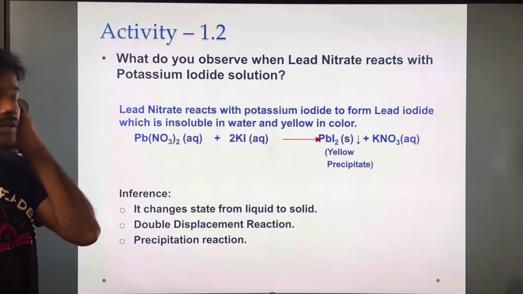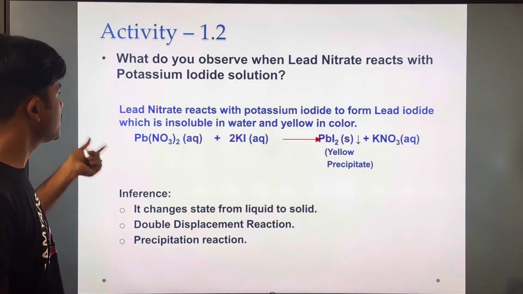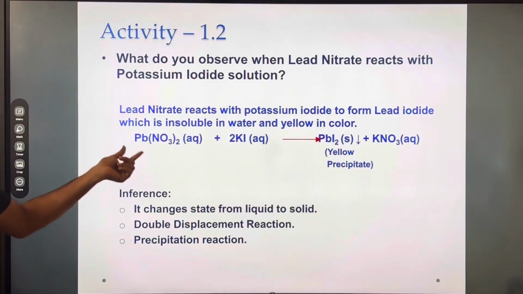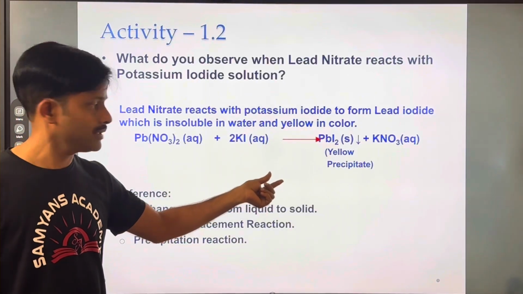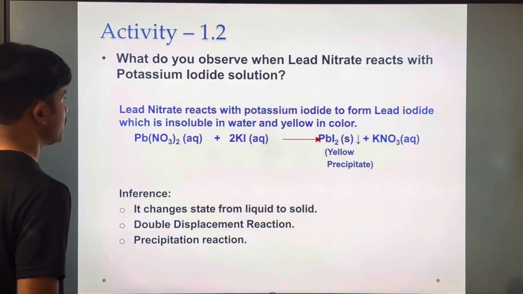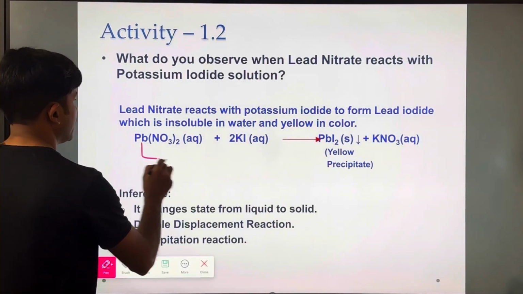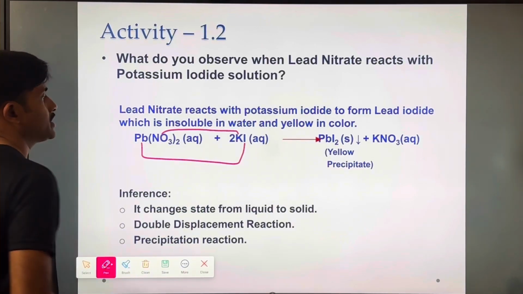When you observe activity 1.2, this is also an example for the precipitation reaction. So in this, what we are doing here, we are taking the lead nitrate aqueous solution. To this, we are adding the potassium iodide aqueous solution. When you combine these two, what will you get here? You will get lead iodide, PbI2, and one more solution, potassium nitrate.